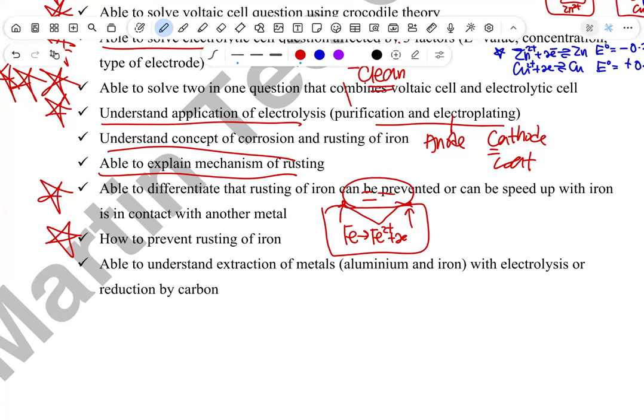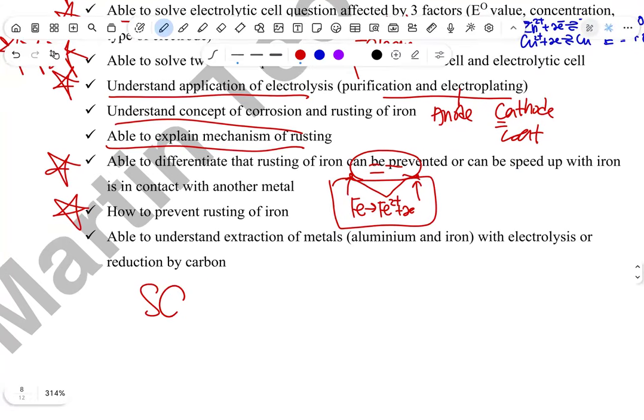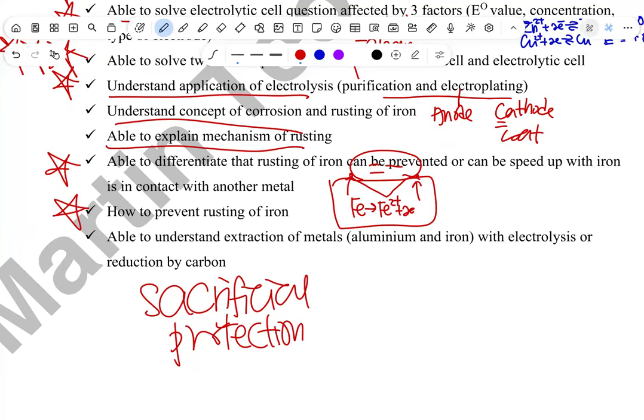How to prevent rusting? You can prevent rusting by putting a protective layer outside, like paint, or you can do electroplating, or you can do something called sacrificial protection. What is sacrificial protection? Connect the iron with a more powerful metal.